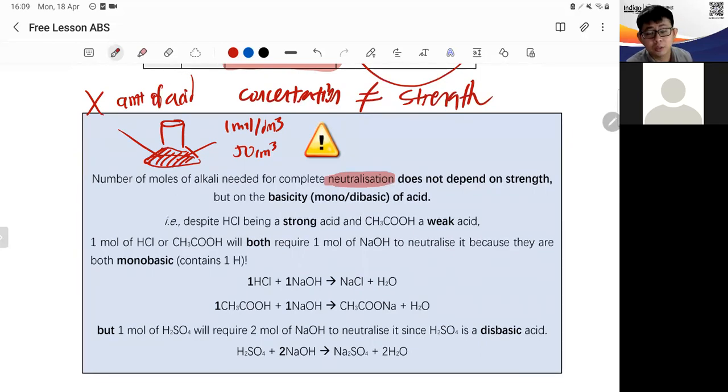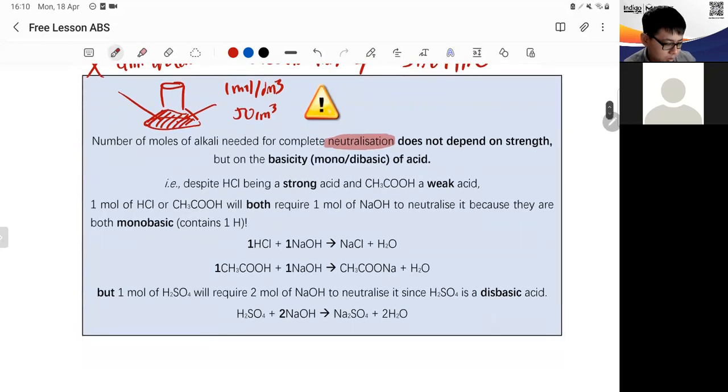I don't care whether the acid is strong or weak. You cannot be under the misconception that if the acid is weak, I need less alkali to neutralize it. Actually, no, it is the same amount, because it depends on the basicity of the acid. It's not about strength.